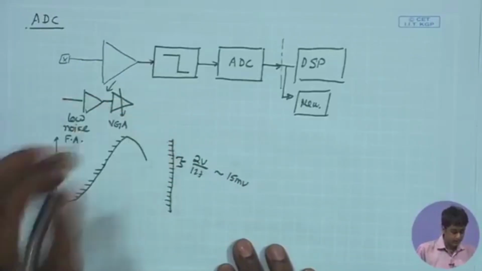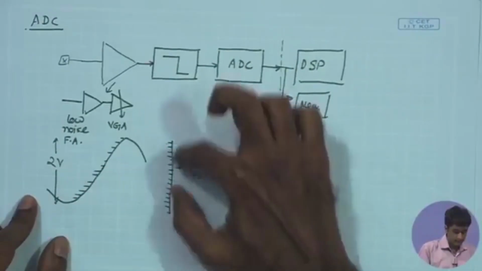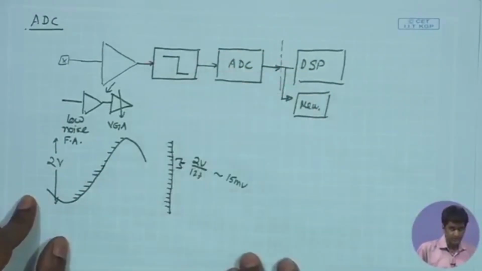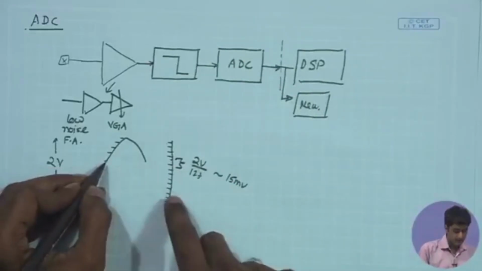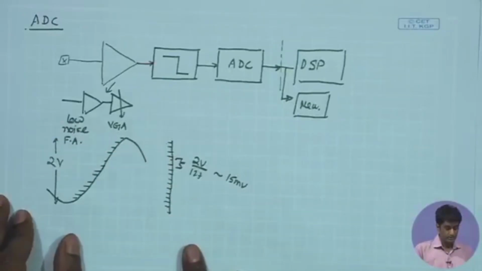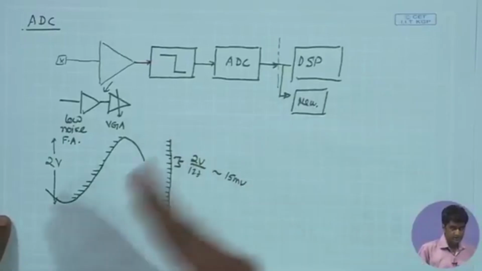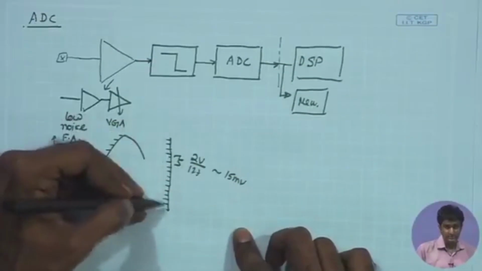So, basically this entire signal, which can range from 0 to 2 volt, is divided into these 15 millivolt segments, and the ADC is supposed to figure out where the current sample is located in this entire range, and corresponding to that it is supposed to generate a digital word which encodes these 127 levels.